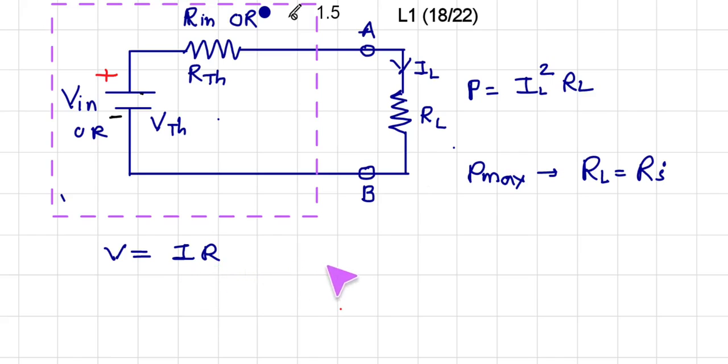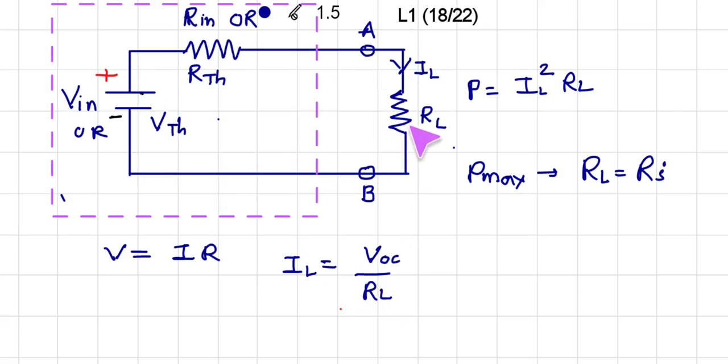So IL is equal to V upon RL. This is now the load current, and what this voltage is, wherever we are connecting this terminal, how much voltage this circuit is providing, that is also called VOC, the open circuit voltage, divided by the RL.